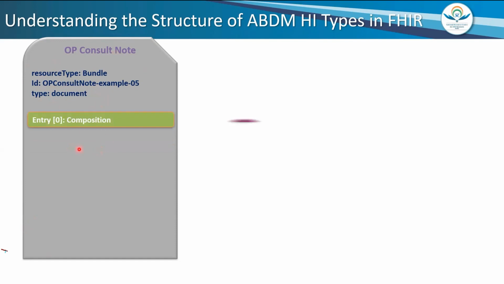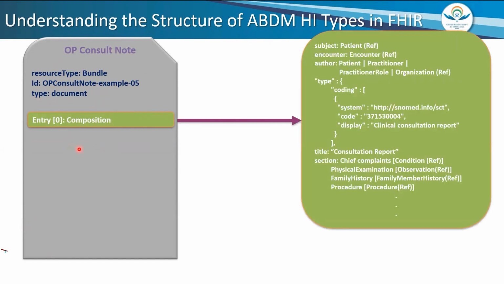And as I explained, composition gives you the structure of that bundle, and it forms the context of that record, like what is the subject, what is the author, what type of document record it is, what is the title in a human readable format, and what all sections that document has.